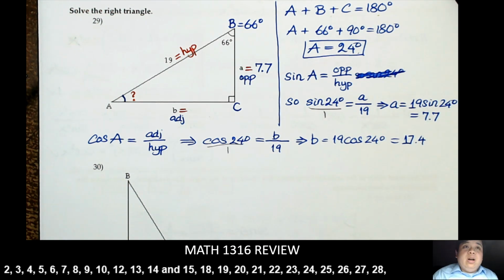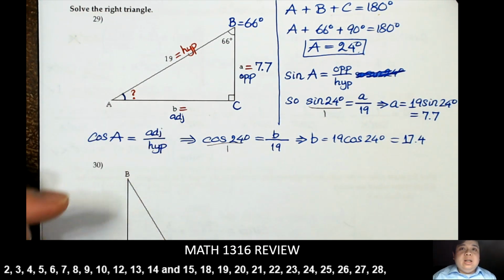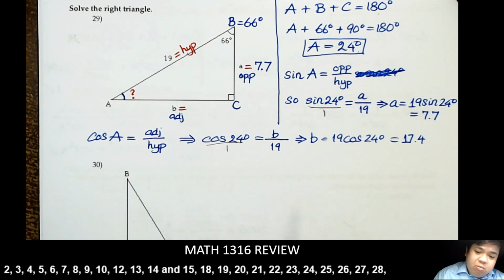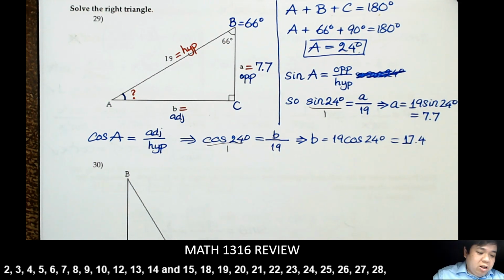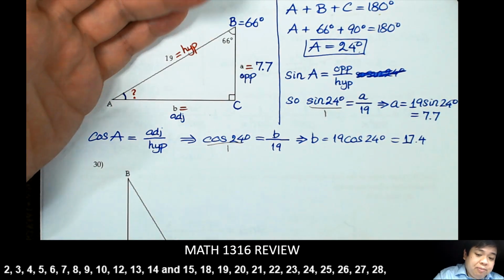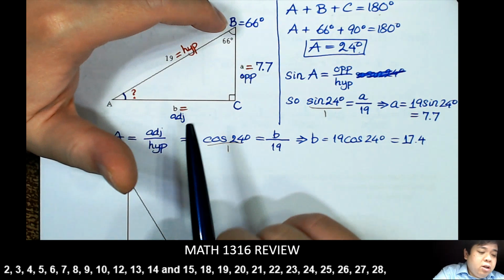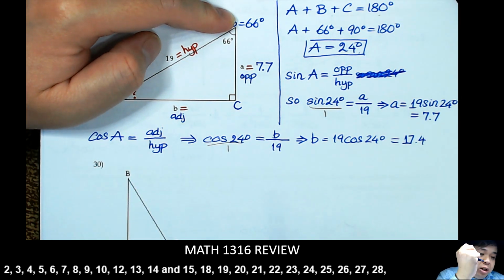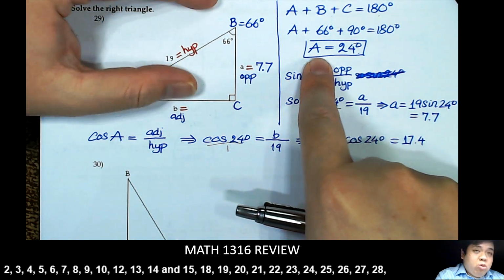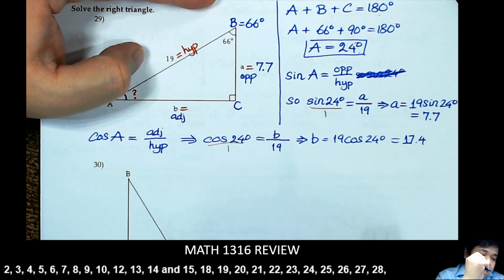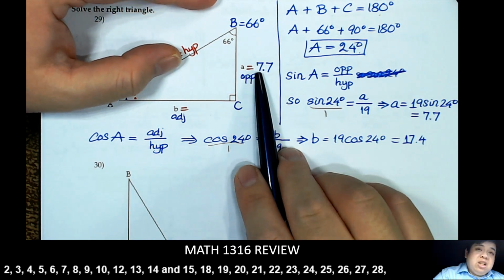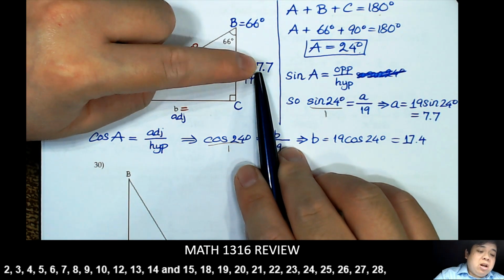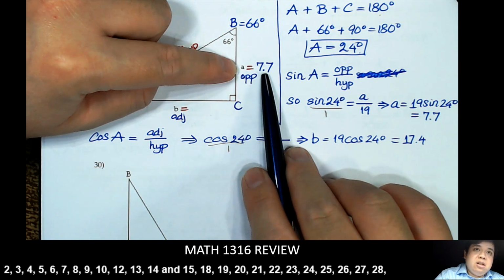Right. Now, why didn't we use the Pythagorean theorem here to find b? Actually, we can. The reason that we didn't use it is because notice that angle B is given, therefore that is exactly 66 degrees. Angle A, when we subtract, is also exactly 24 degrees. The side a here is approximately 7.7, so this is not exact.